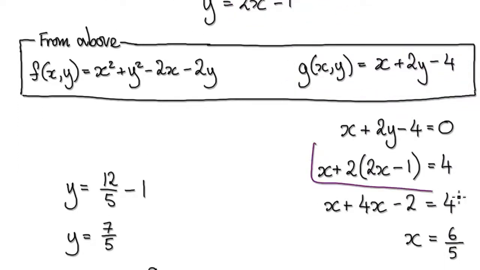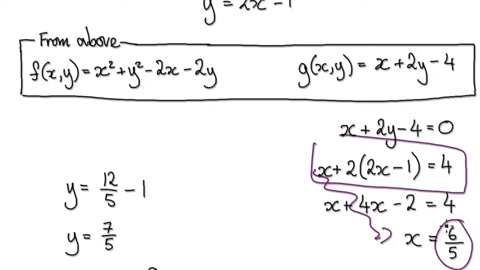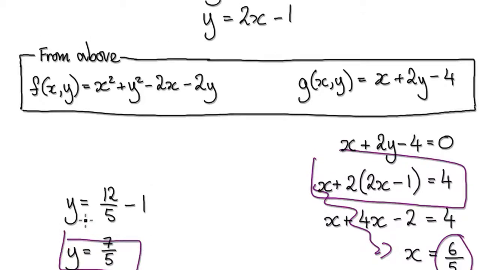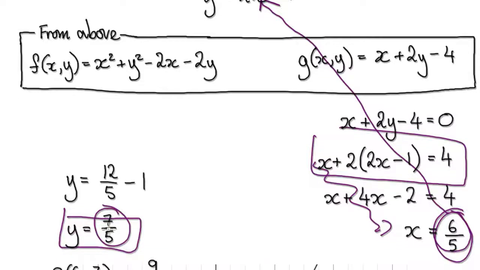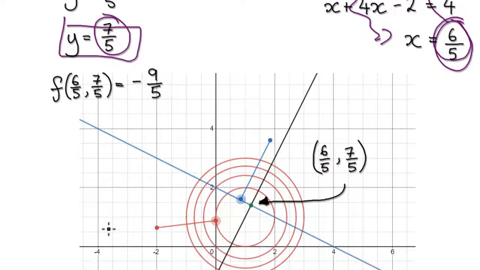So x would be this, and once you know x, you can put it back into here, and that will then give us this thing here, y. So now we know x and y. So now we know the intersection occurs. This is our x and this is our y.